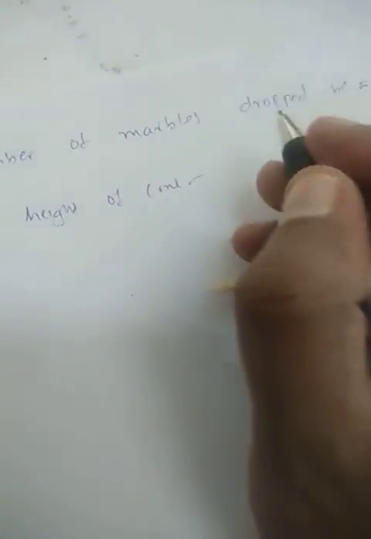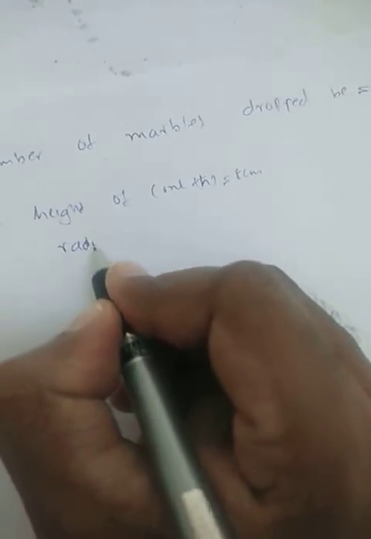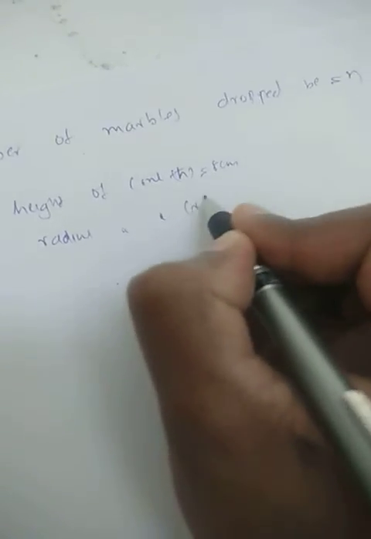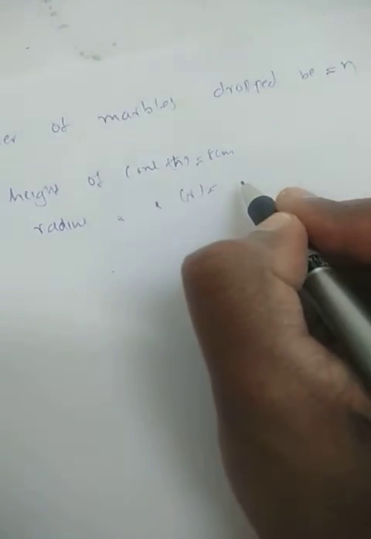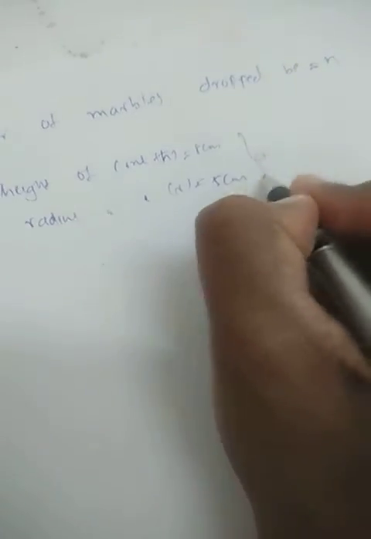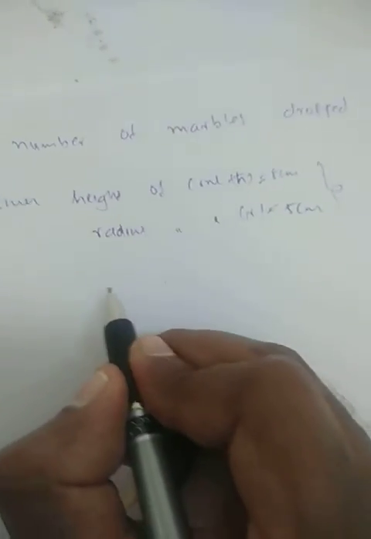So what is the height of the cone here? H is equal to 8 centimeter and the radius of the cone is also given. Radius of cone r is equal to how many centimeters here? 5 centimeter.